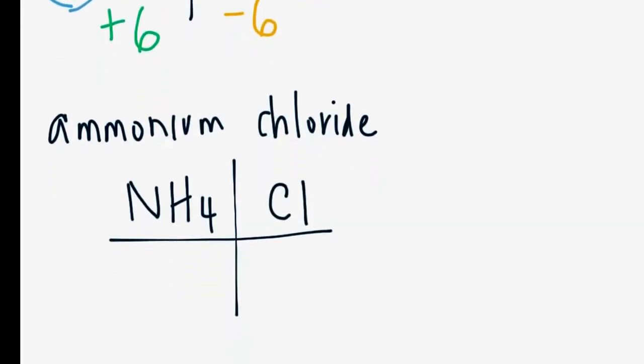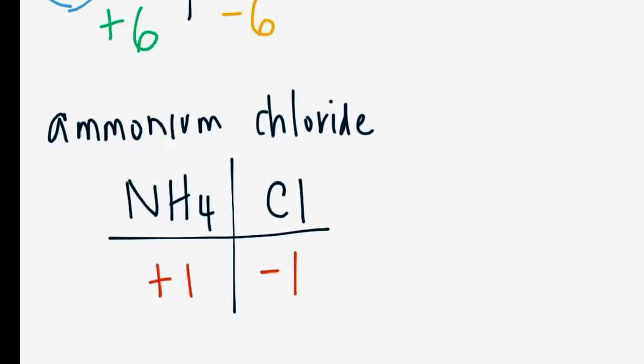Now, the charge on chlorine is -1, charge on ammonium is +1. +1 and -1 add to 0. So, this is our chemical formula, NH4Cl, and it's done.